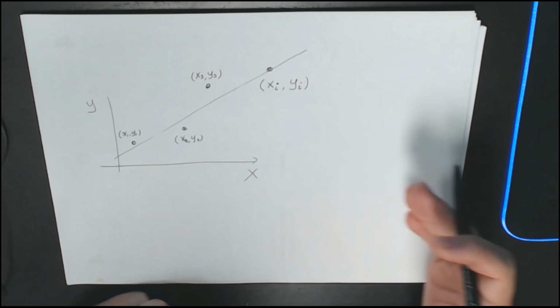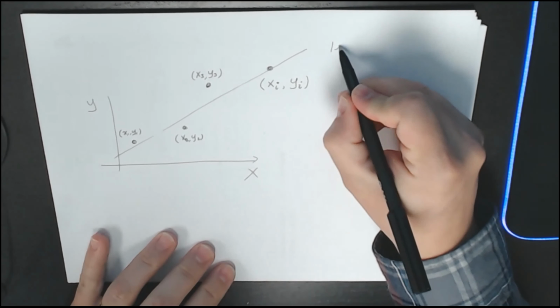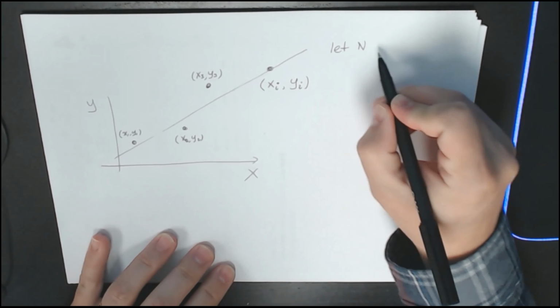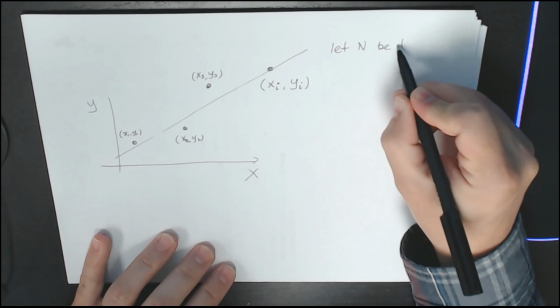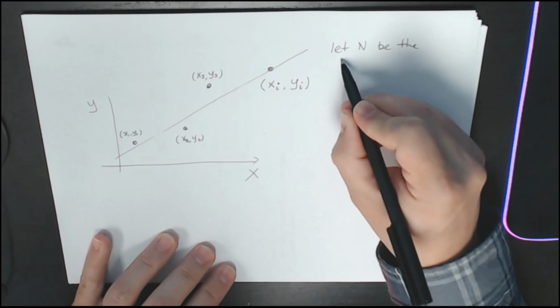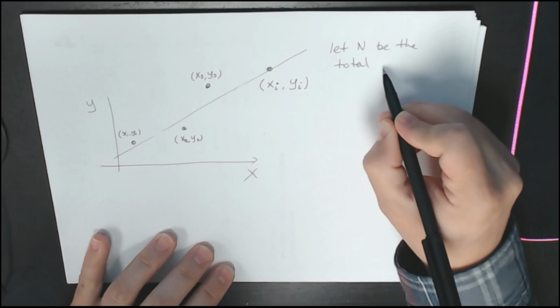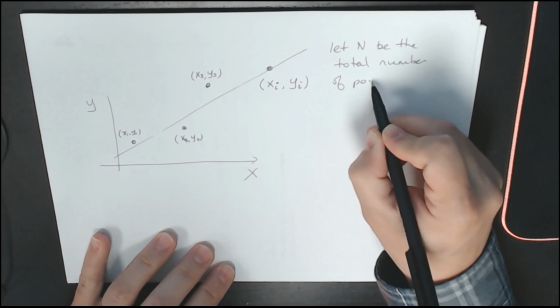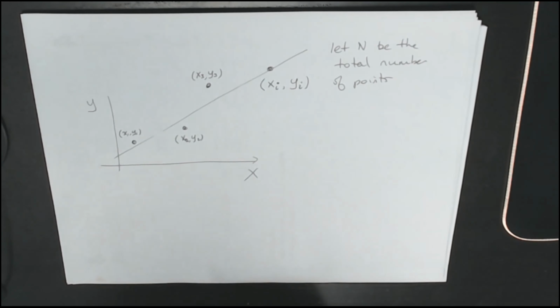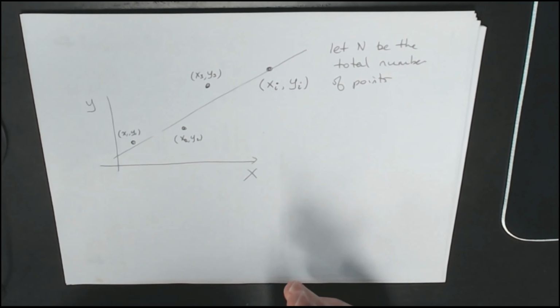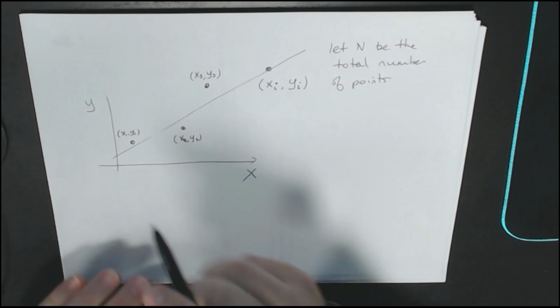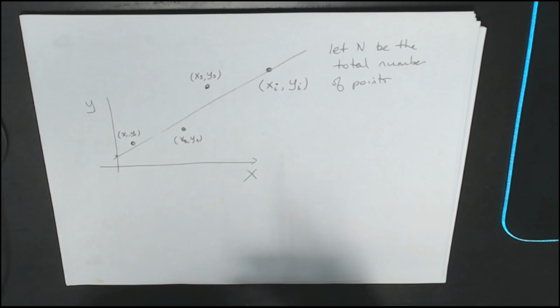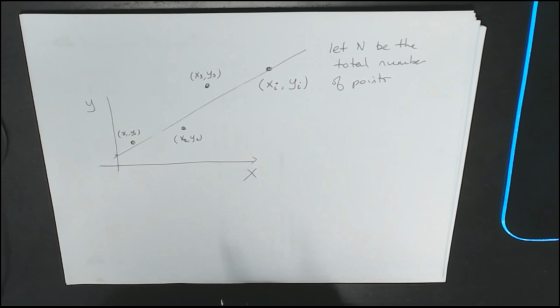And there might be a total number of points, so let n be the total number of points we're dealing with. We want to figure out what the slope and the intercept are that best approximate this data.